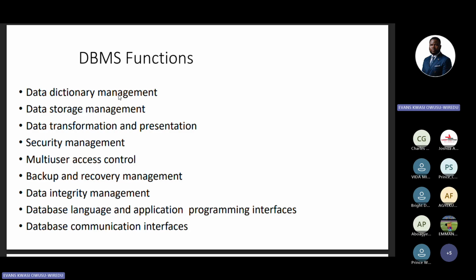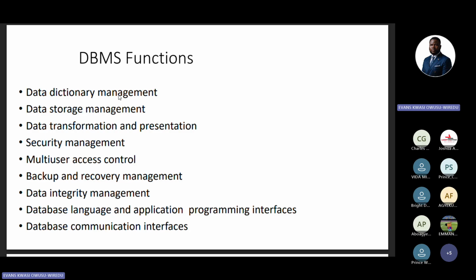You should be able to have multi-user access controls. If you are working for companies and you are the database developer or programmer, you should be able to decide how many people should have access, who should be prevented from having access, what level of access should be granted to people, right?